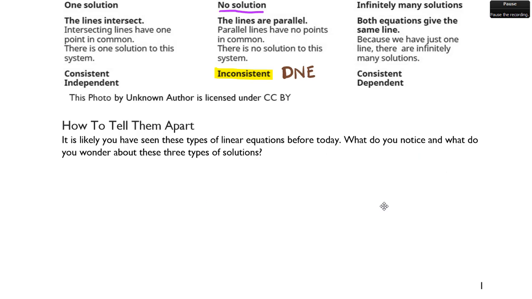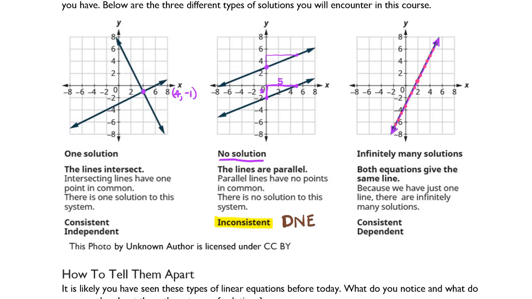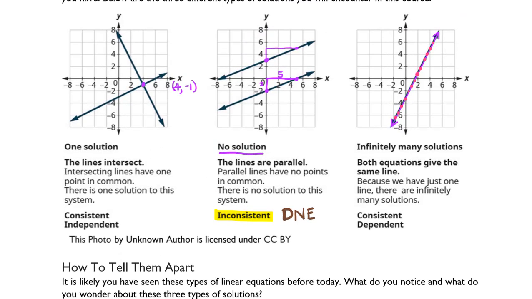At this point, I'd love for you to pause the video or stop the video before you move on to the next video, and think about how you're going to tell these three different types of graphs apart from each other. It's going to be particularly helpful for you to be able to identify when a system has one solution, no solutions, or infinitely many solutions.